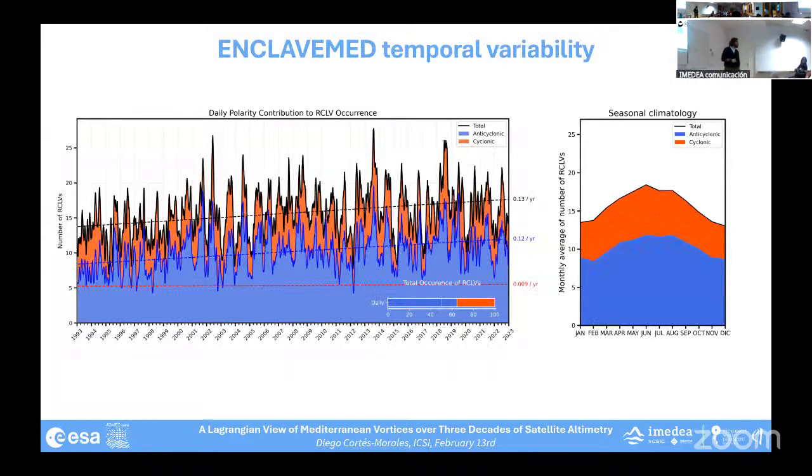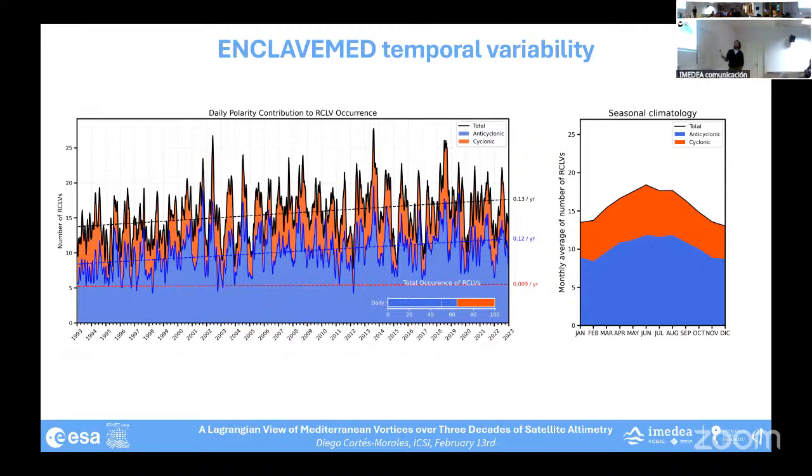This is the number of vortices identified through time, and there is a lot of variability, but it seems that we have a very well-defined seasonal climatology, with more vortices identified in the summer than in winter.